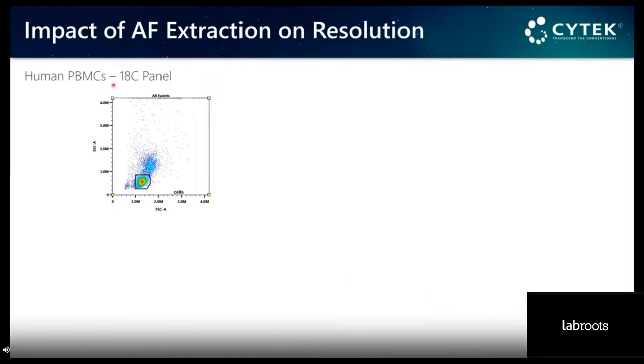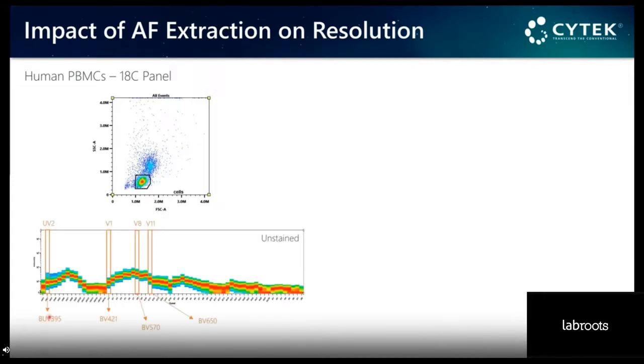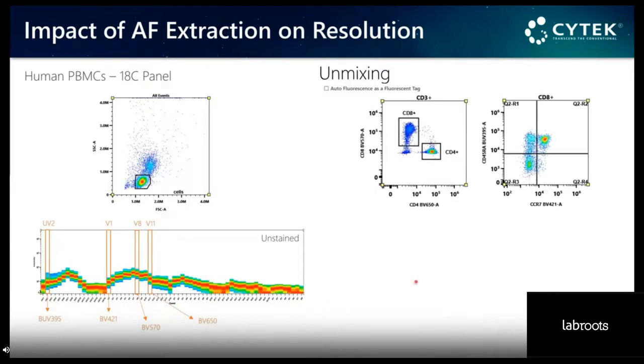We have human PBMCs stained with an 18-color panel, and here the scatter profile we want to focus on is low scatter cells, lymphocytes. These are unstained lymphocytes. I've shown you this profile before. Let's look at what happened after the staining without using extraction of autofluorescence.